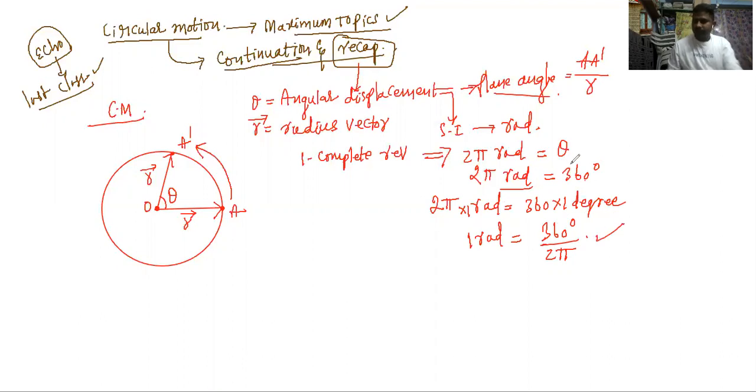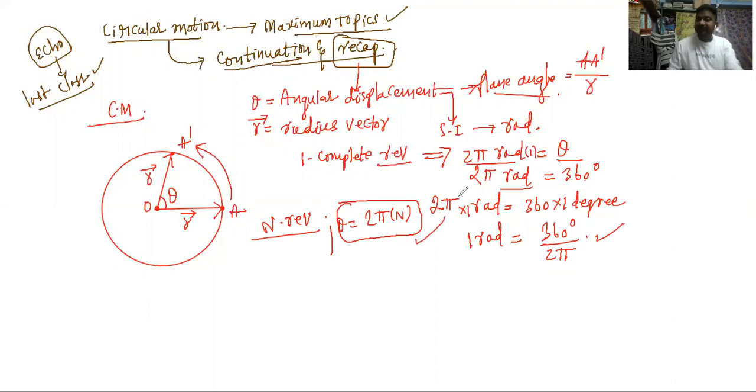Now, for example, if there are n revolutions, then I can say theta is equal to 2 pi into n radians. Here theta is equal to 2 pi radians into 1, because it is one complete revolution. So this is angular displacement.